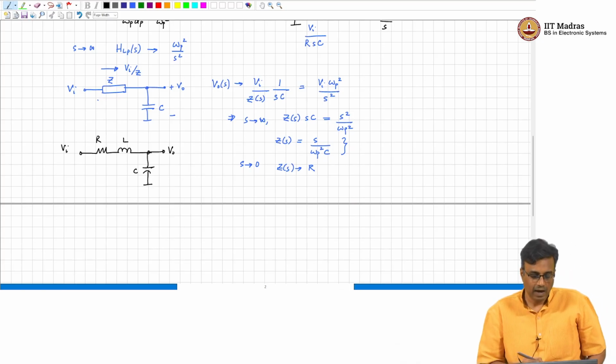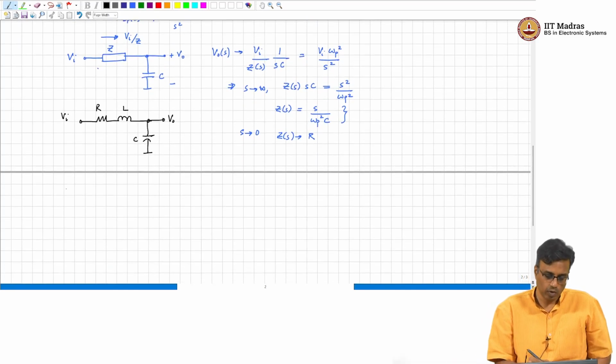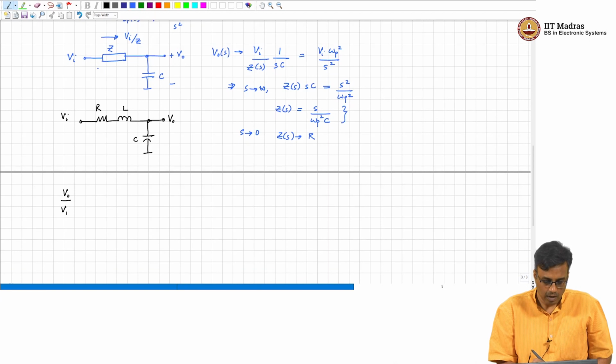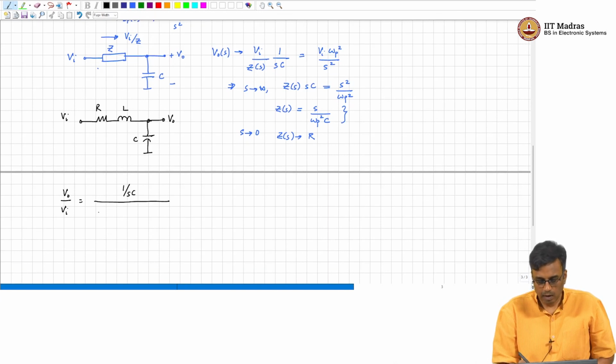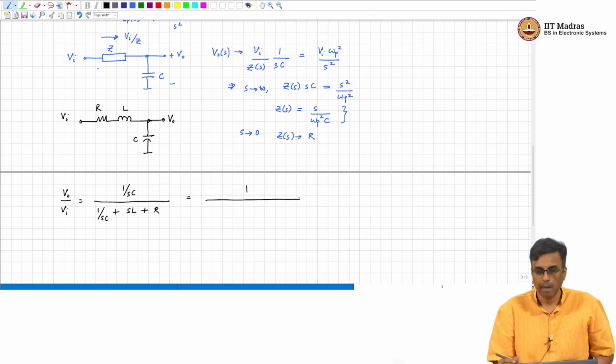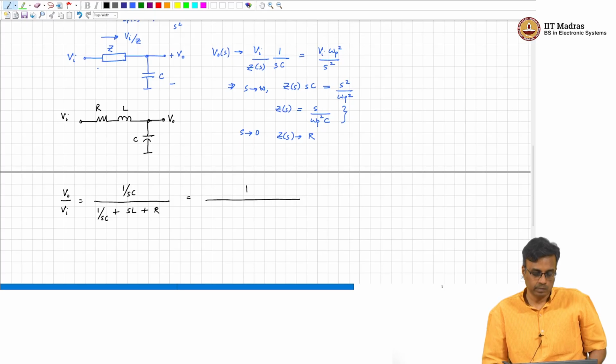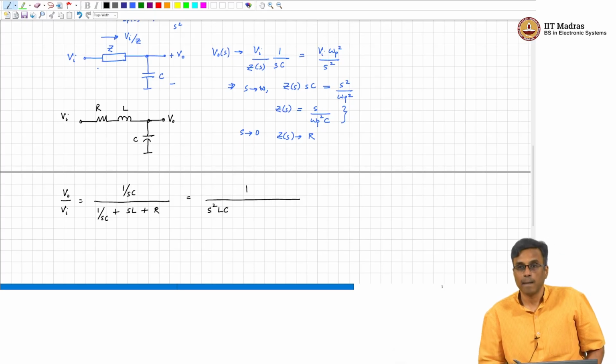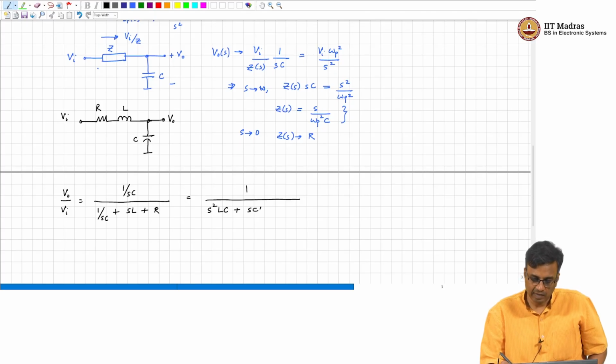Now you can actually find the transfer function. Vo by Vi is nothing but 1 over SC over 1 over SC plus SL plus R, which is basically 1 over S square LC plus SCR plus 1.